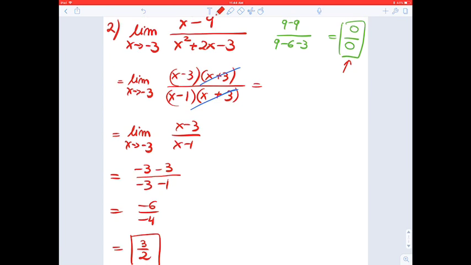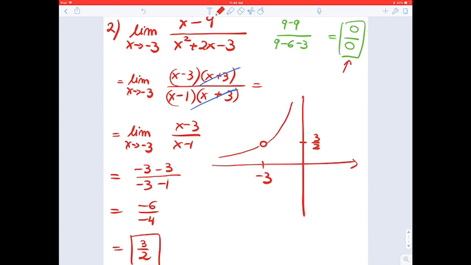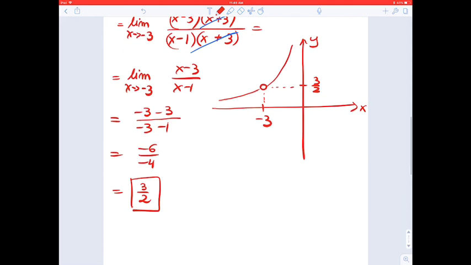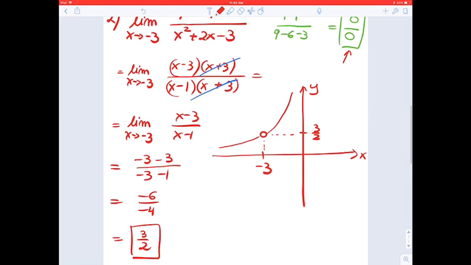I can try to show you this situation. Okay, at negative 3 the limit is 3/2, and I don't know exactly how the function looks, but let's say like this, because I'm only looking at the neighborhood of negative 3. The limit is 3/2, but please note the function is not defined at negative 3.